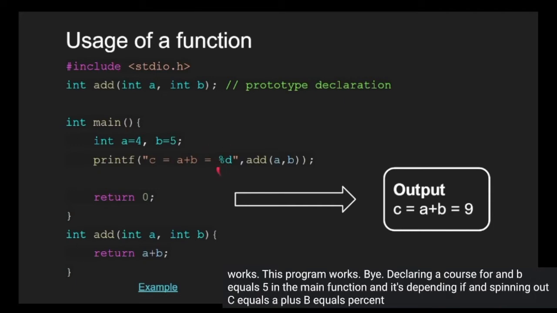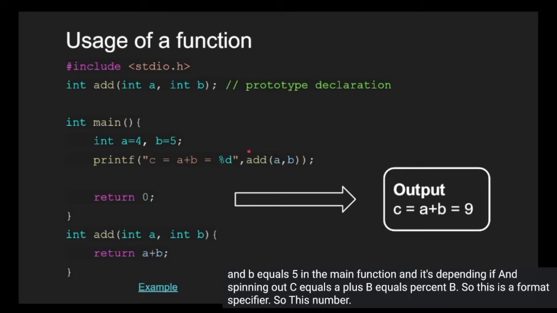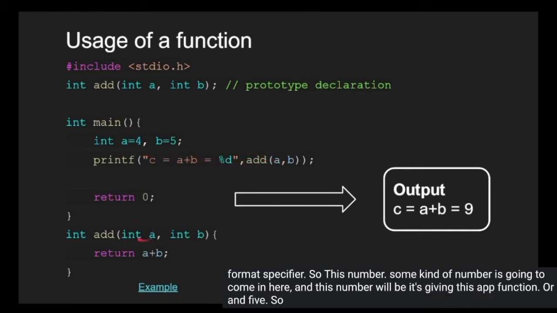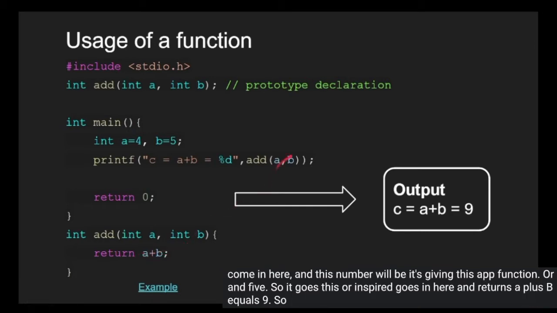This is a format specifier, so some kind of number is going to come in here. It's giving this add function 4 and 5. The 4 and 5 go in here and it returns A plus B equals 9. So it's returning 9 here, and the output will be 9 here.